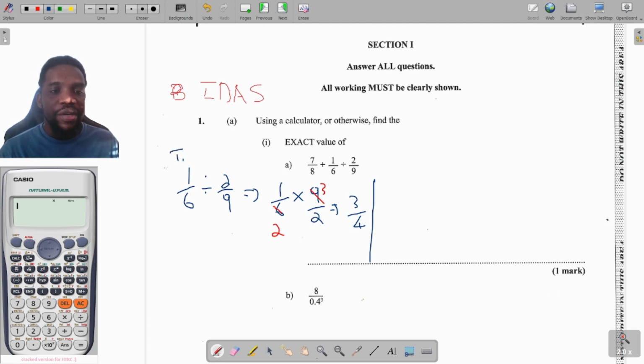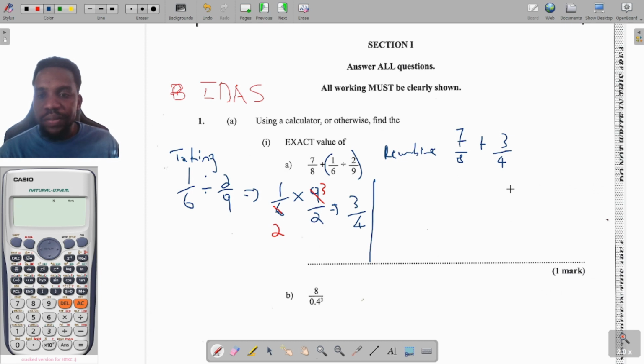Now I'm going to put "taken" right here because I took out part of the fraction and I worked on it. Now I'm going to recombine them, right? So I'm going to go back for my 7/8, which I need to add now to my 3/4 because this is the part that I did first. Now, what do we do? We simply find the LCM, which is the lowest number that 8 and 4 can go into.